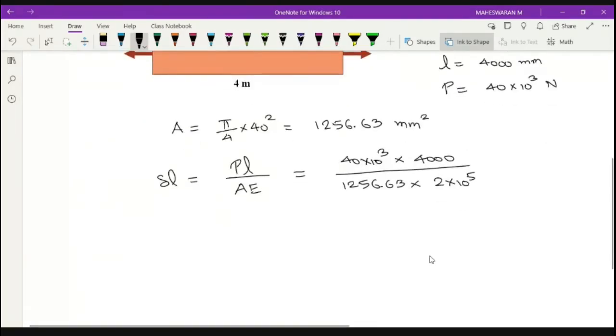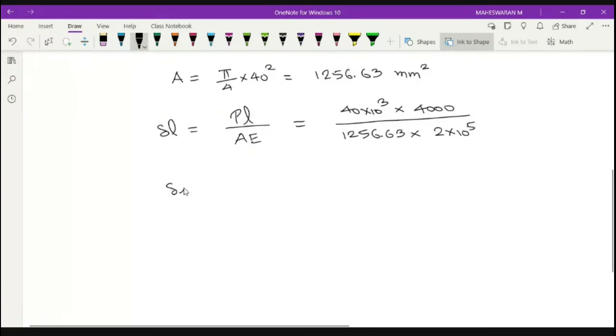So when you substitute it, what is the value we are getting here? Del L is 0.6366 mm. This is my change in length.